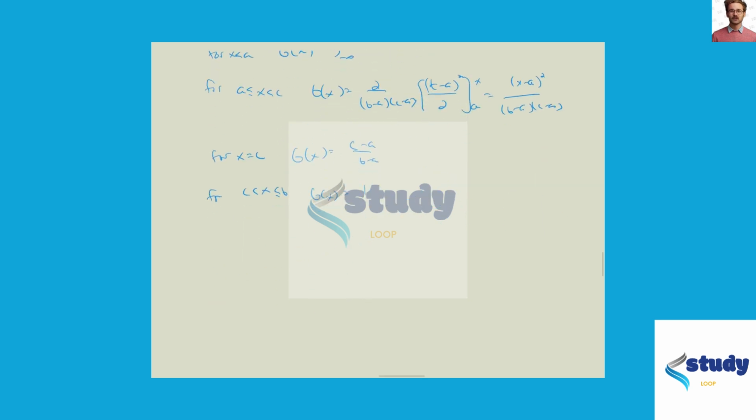And so we get 0, x minus a squared over b minus a times c minus a, c minus a over b minus a, c minus a squared over b minus a times c minus a plus 2 over b minus a times b minus c times bx minus x squared over 2 minus bc plus c squared over 2, and 1.